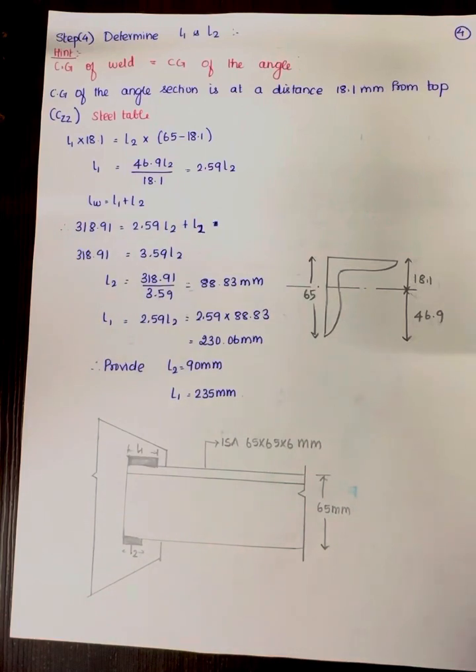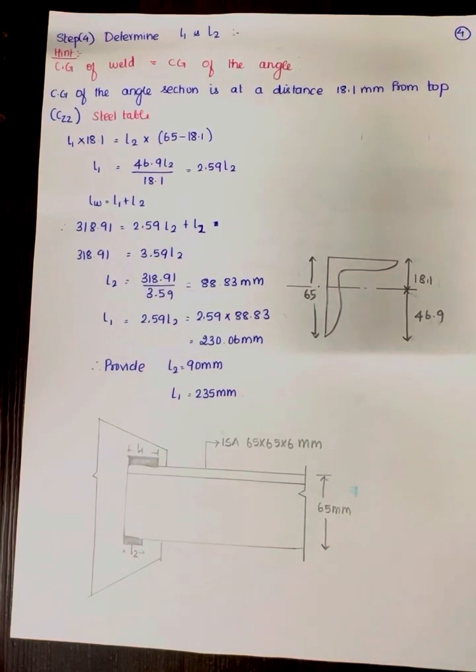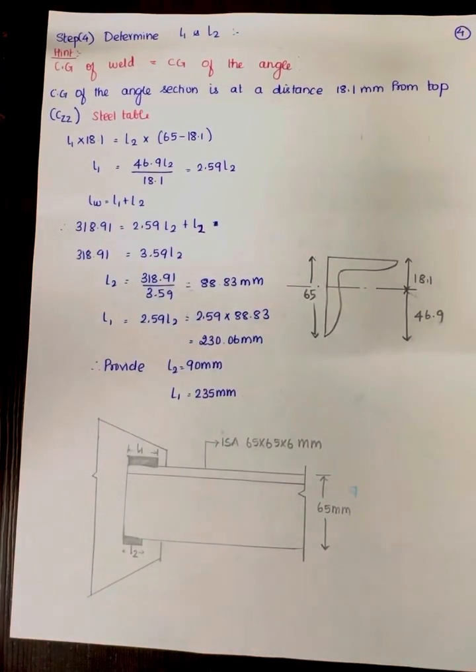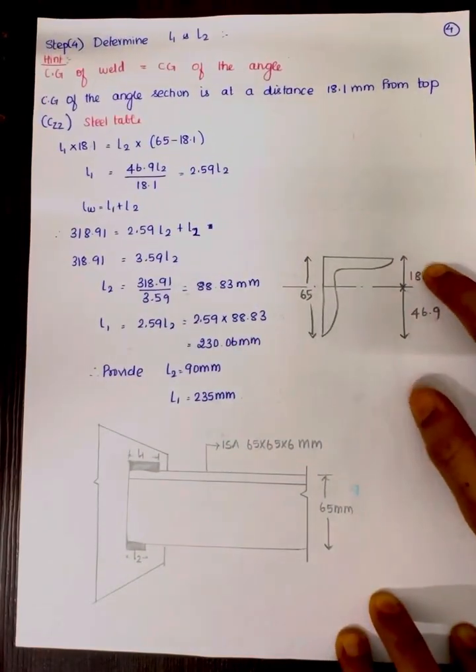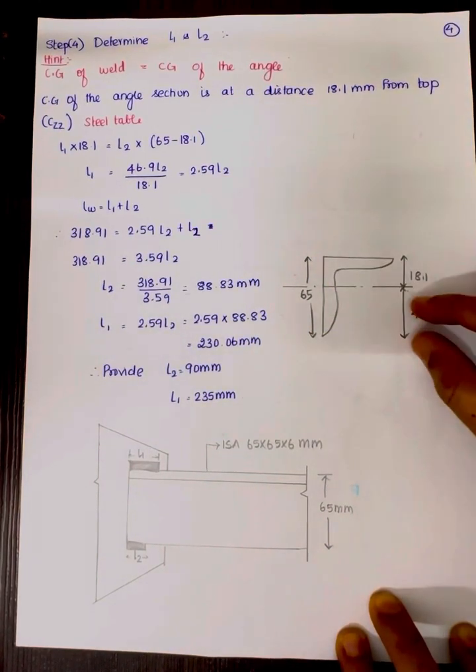We have to equate the CG of the weld to the CG of the angle. It is with respect to CG of the weld is equal to with respect to CG of the angle. So CG of the angle section is at a distance of 8.1 mm from top. This is obtained from the steel table. This only we have this value and we know the total value. So we can determine this value.